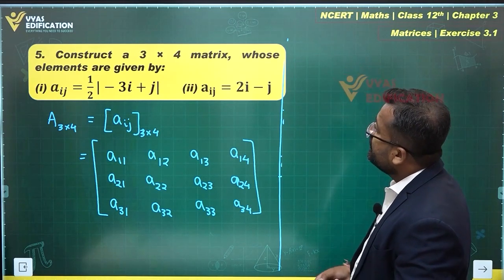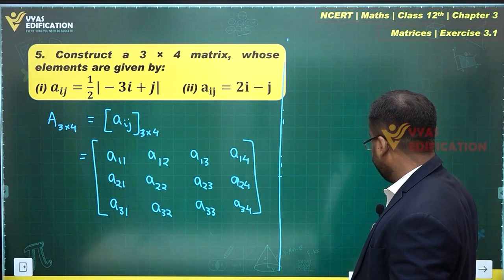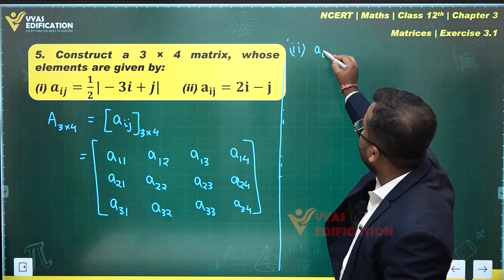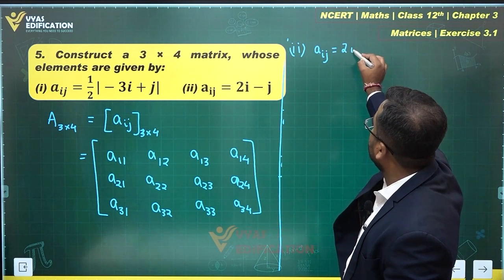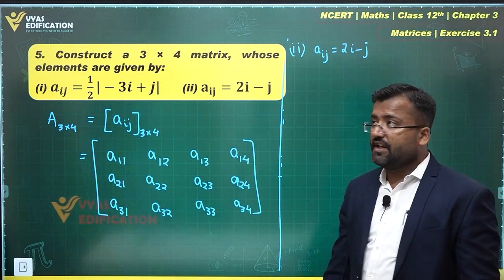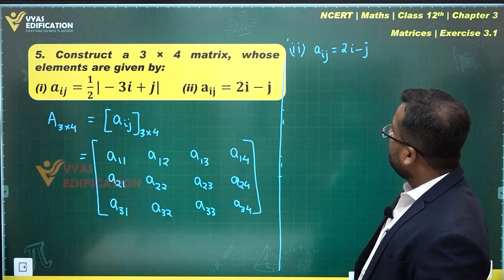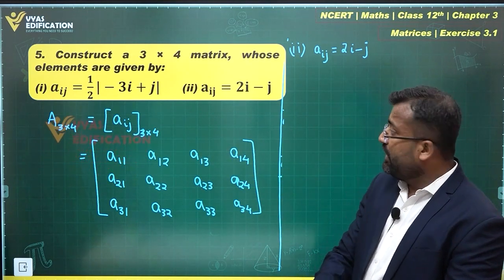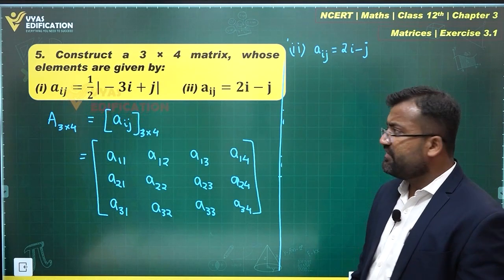Okay. So in part 2, we'll talk about a different Aij. Aij is equal to 2i minus j. You're already used to solving for A11, A12, A13, A14. This is very easy for you.